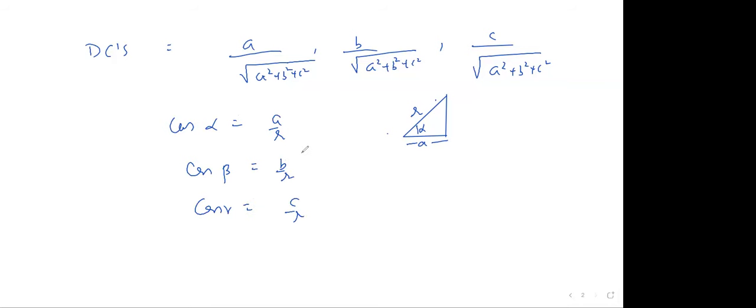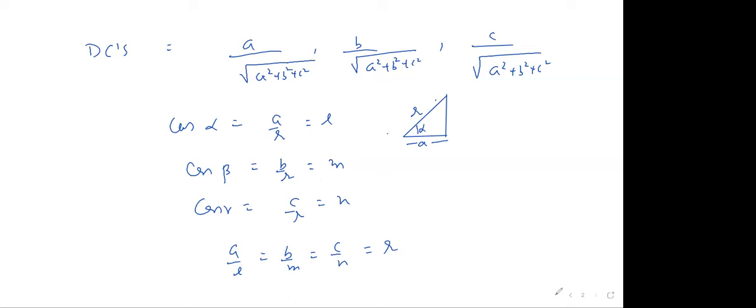Cos alpha is actually nothing but l, cos beta is m, and cos gamma is n. So we can see that a over l equals b over m equals c over n equals r. By cross multiplying, a over l equals r, b over m equals r, c over n equals r. That means the ratio is constant.